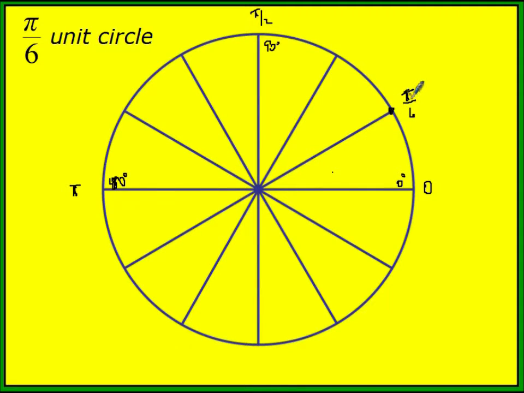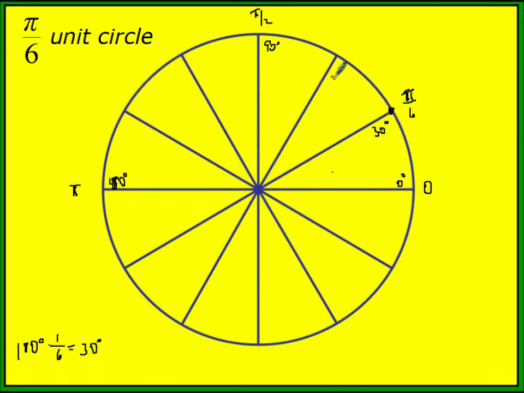It's also 1/6 of 180 degrees. 180 degrees times 1/6, let's see, 180 divided by 6, that's 30 degrees. So 30 degrees is the same as pi over 6.